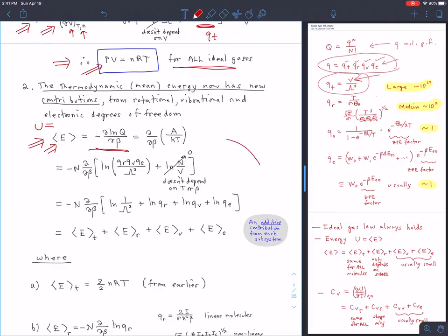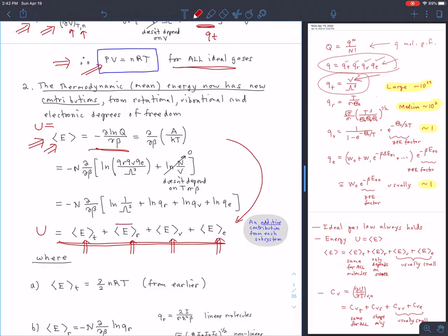There's some algebra, but the main point of this algebra is this relationship down here. It says that the thermodynamic energy, internal energy for an ideal gas, is a sum of contributions. There's a translational part. There's an additive rotational part. There's a vibrational part, and there's an electronic part.